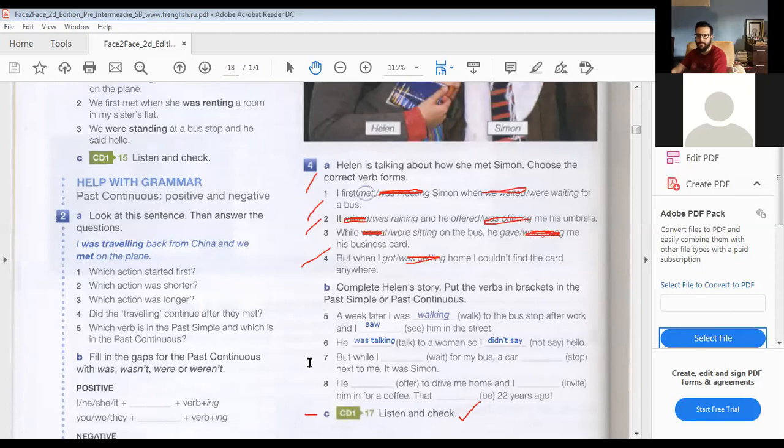Okay, number 7. But while I wait for my bus, a car stopped. But I was waiting for my bus. A car stopped. All right.